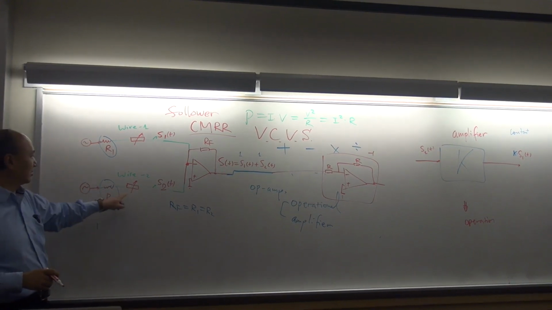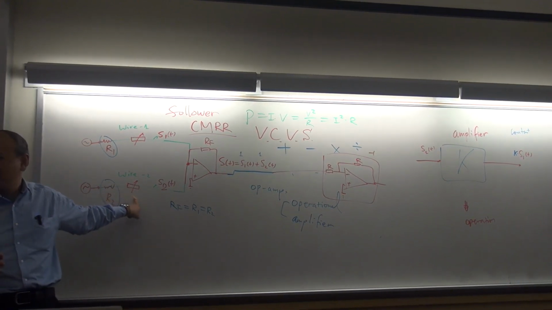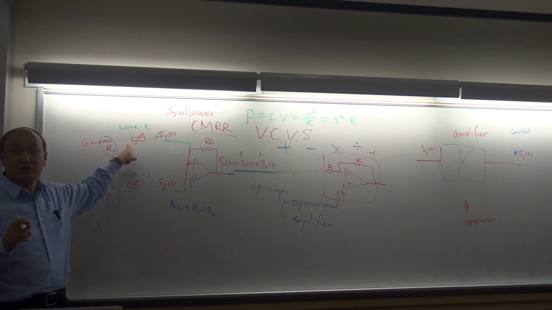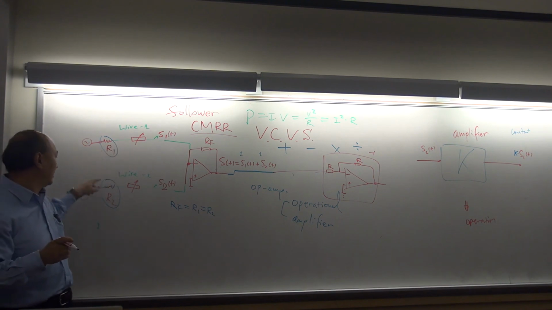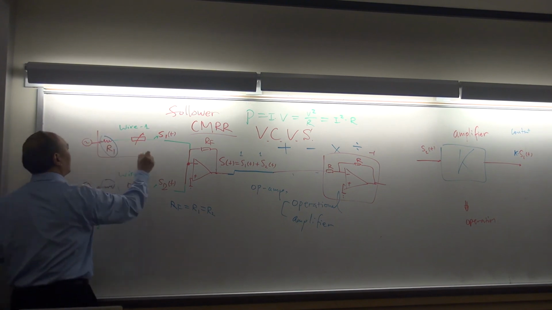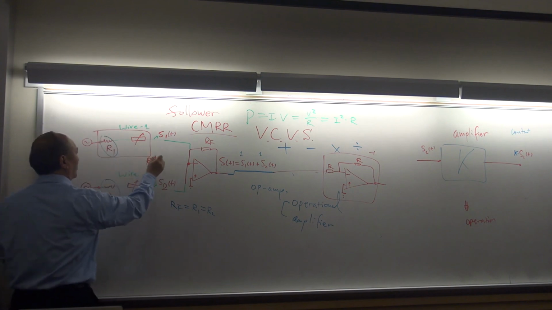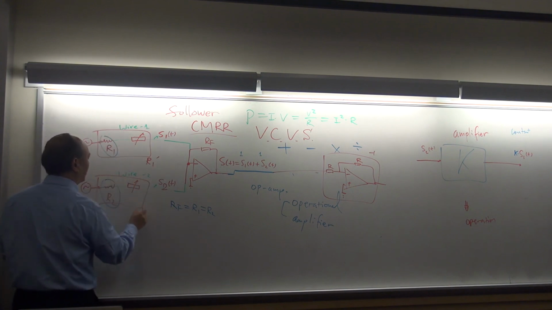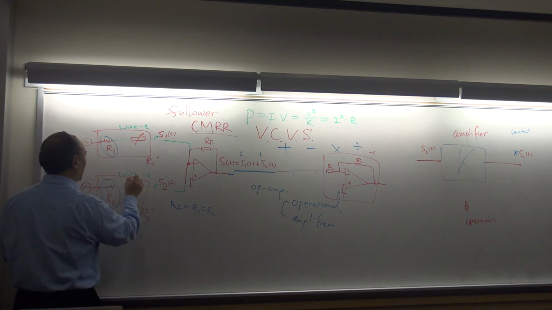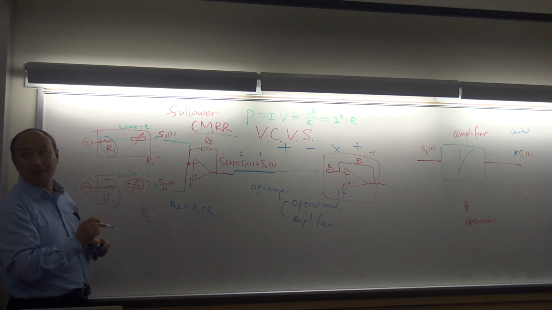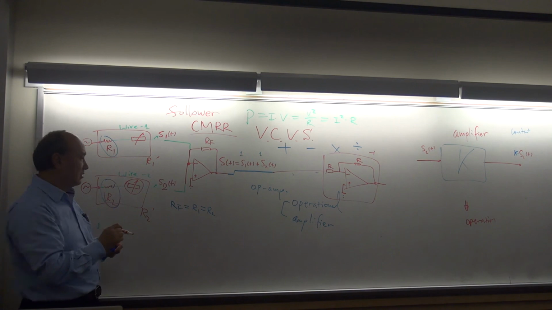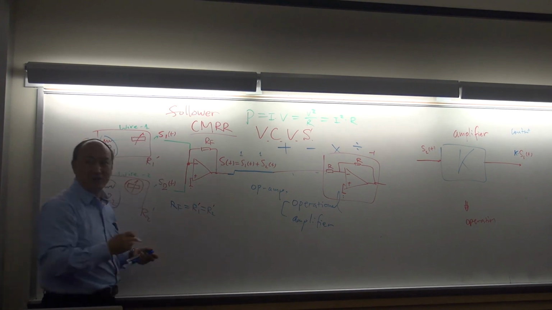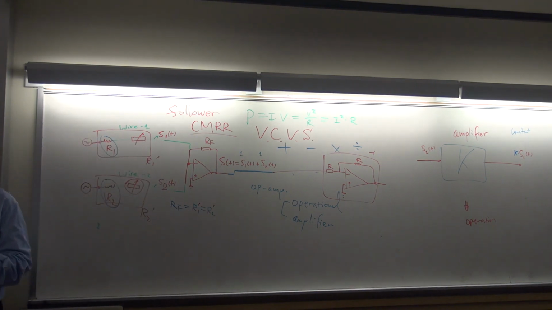What's the name of this thing? Potentiometer. Yes, potentiometer. You put this one here to change so as to accommodate that they may be different, and these two added together are R1 prime. This is R2 prime. So you can change this one, but you cannot change this one. Make sense? It doesn't matter. I put prime here. Now everything is right, all right?